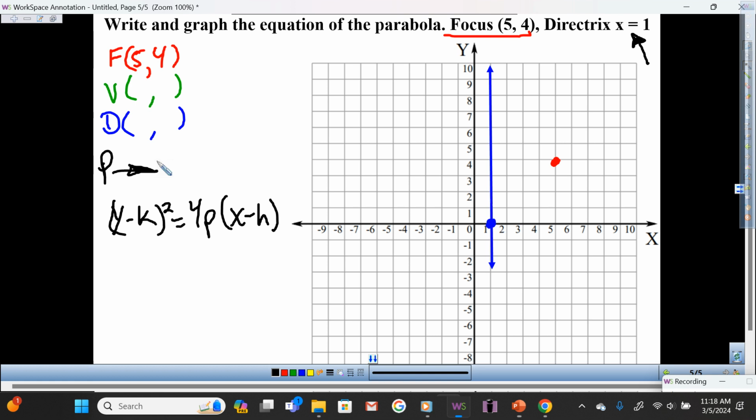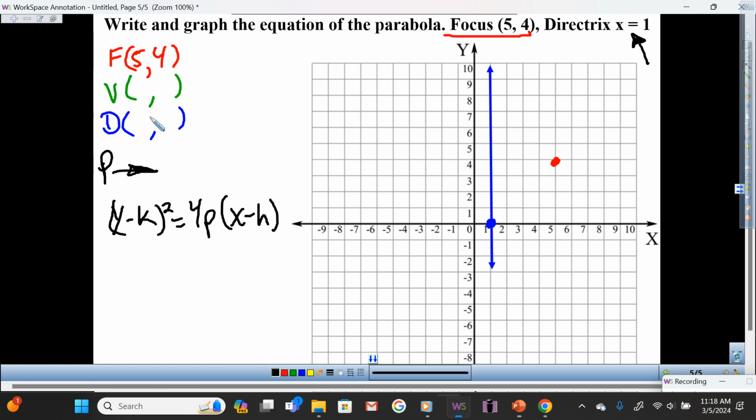So, turn to your neighbor, let them know what the point on the directrix is that you're going to write here that's aligned to the focus. What is that point aligned to the focus? Then we're going to have Brandon enlighten us.